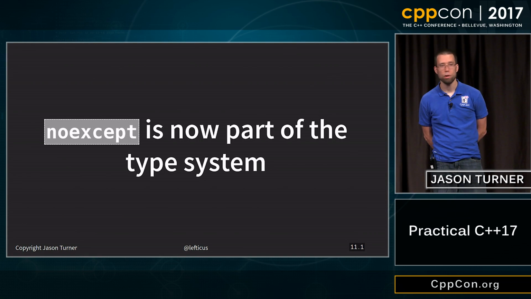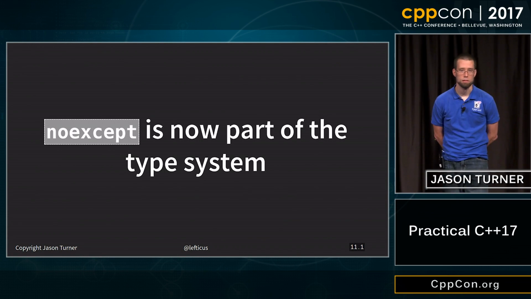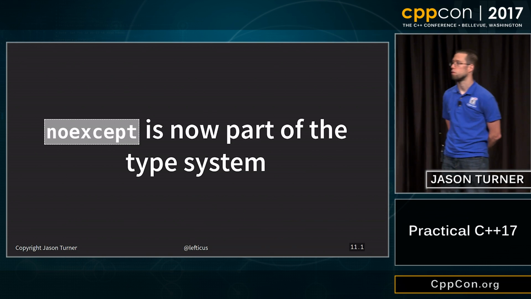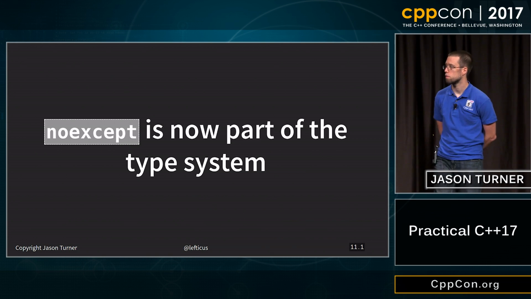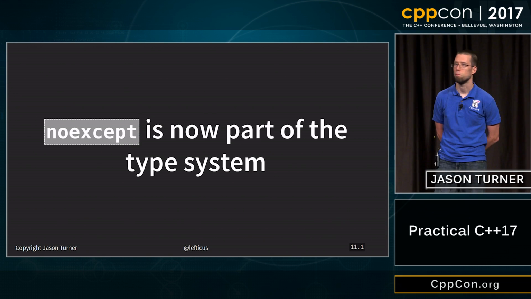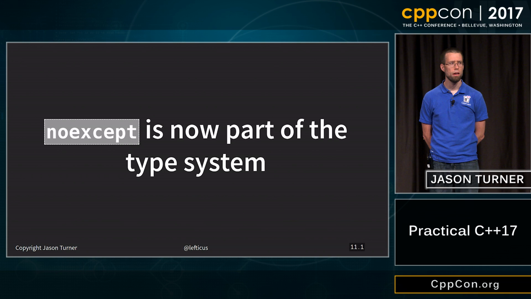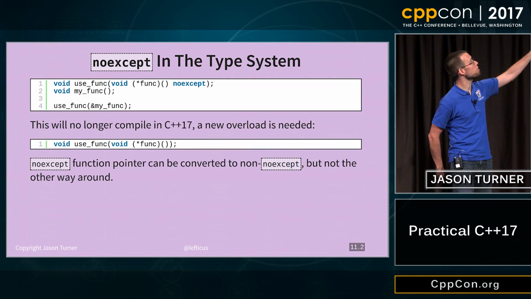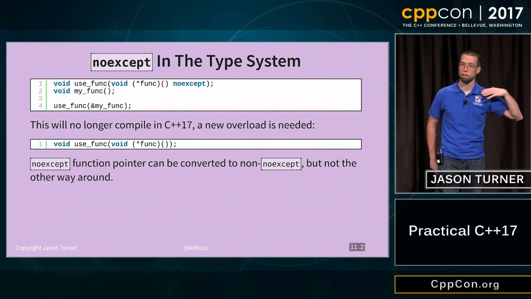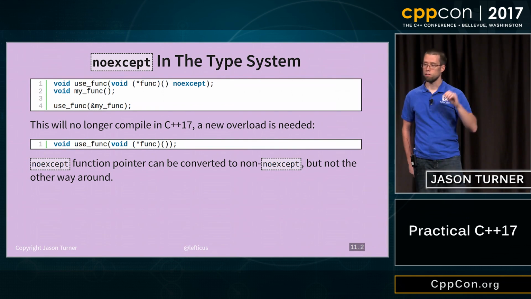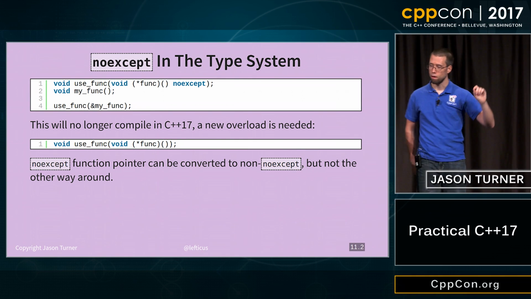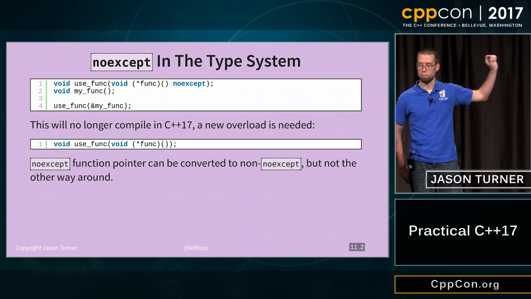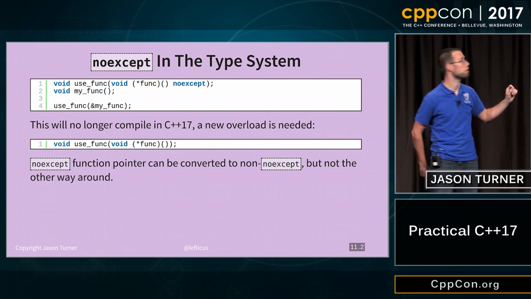So noexcept is now also part of the type system. And I think this is perhaps one of the more esoteric parts of C++17 that maybe most people aren't yet aware of because they haven't compiled their code on C++17 compilers yet, but we'll see. So this is what it means to me. I've got a function that is expecting a pointer to a noexcept function.